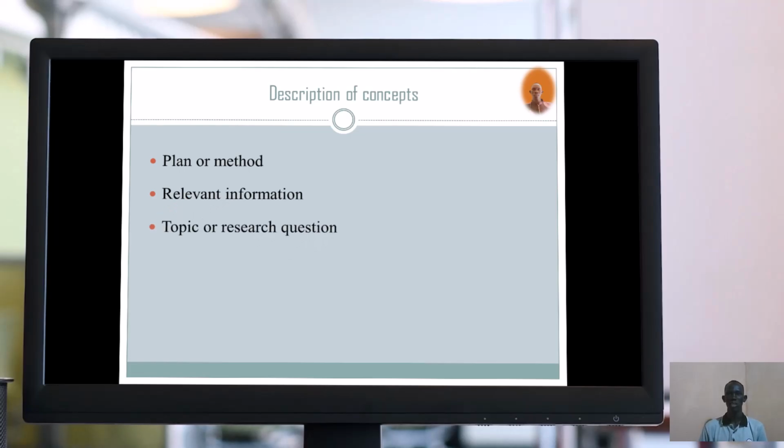So the plans and methods you set in your head, in order for you to find relevant information on the topic you're researching, either on your assignment or a question you're trying to research, that is what is known as search strategy.